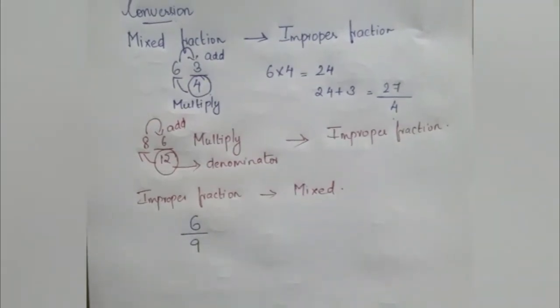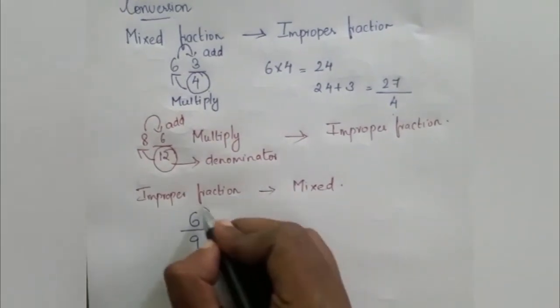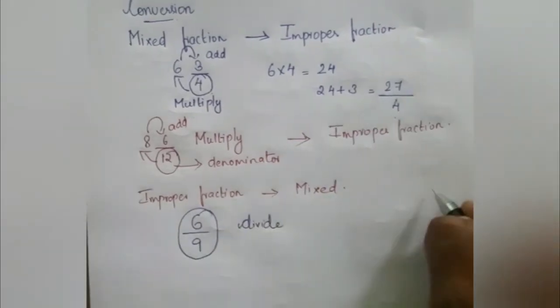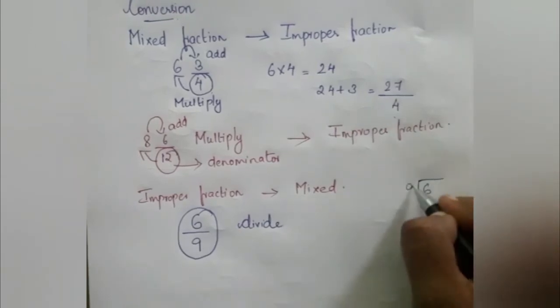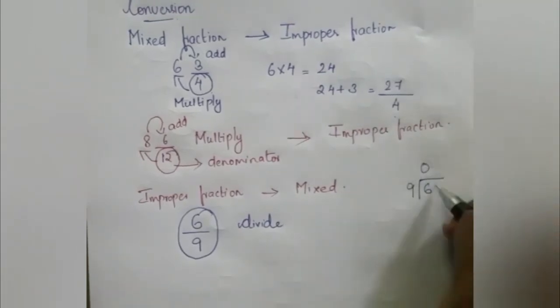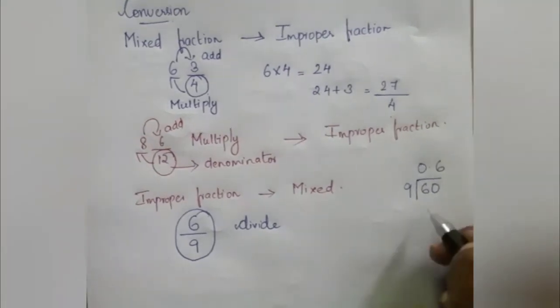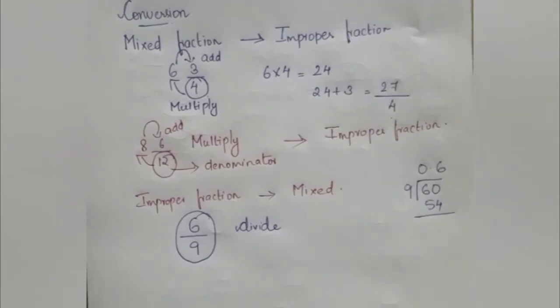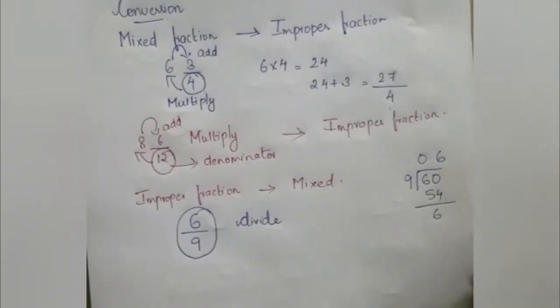This is an improper fraction. For that, what you have to do? You have to divide 6 divided by 9 and check. 9 6s are 54. You will get a remainder of 6.